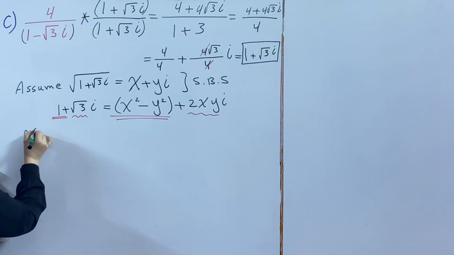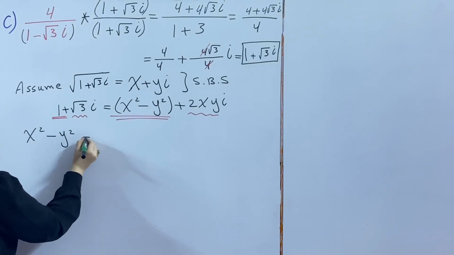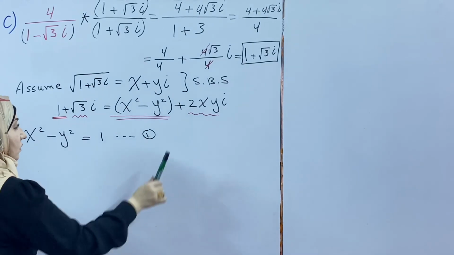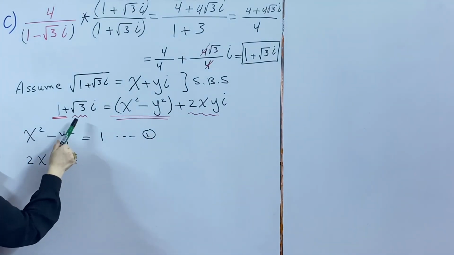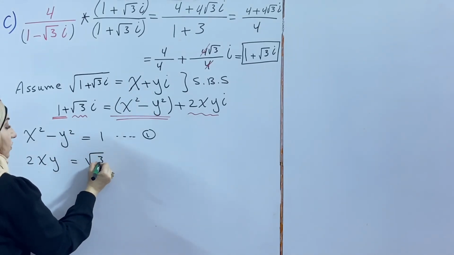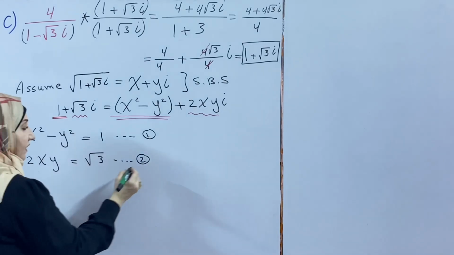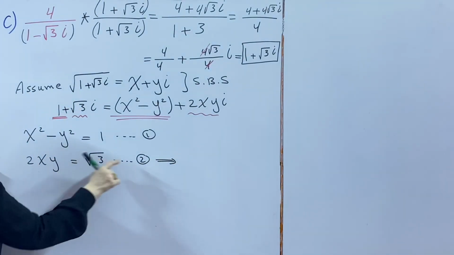X squared minus y squared equals the real part, which is 1. This is the first equation. The second equation, the imaginary part: 2xy equals the imaginary part, square root of 3. This is equation 2.